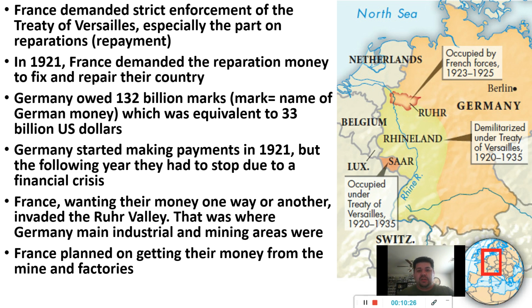Again, France is like, we don't want to hear any of your excuses. We want our money. And Germany's like, you don't understand. We're having a crisis right now. We're going to talk about the crisis later on. And France is like, I don't want to hear it. I don't care. So they decide, you know what? If they won't pay us our money, we'll get it from them.